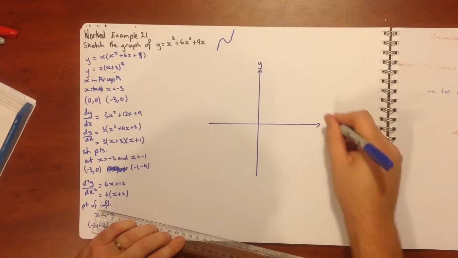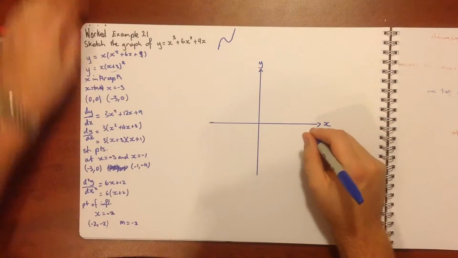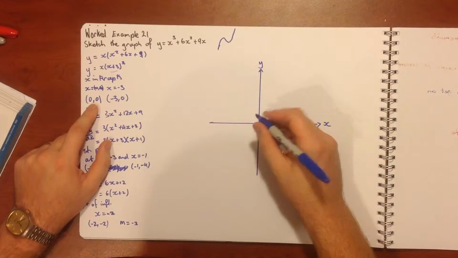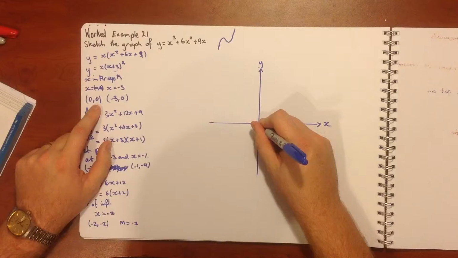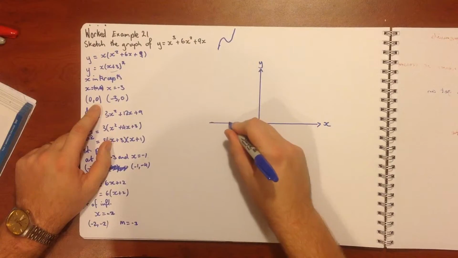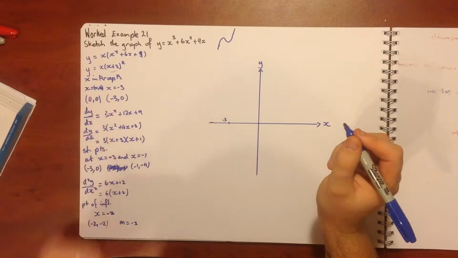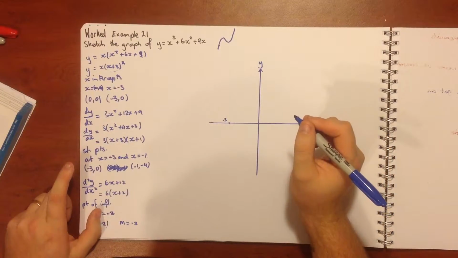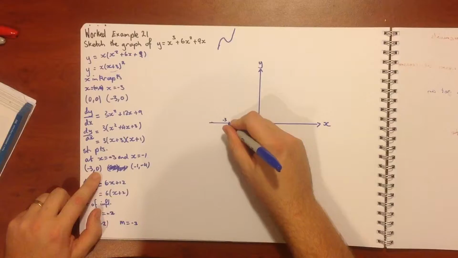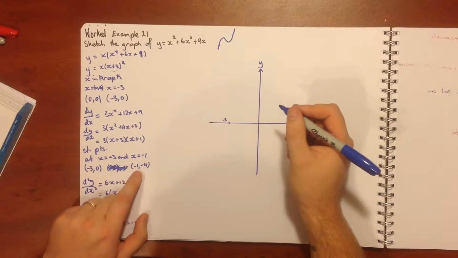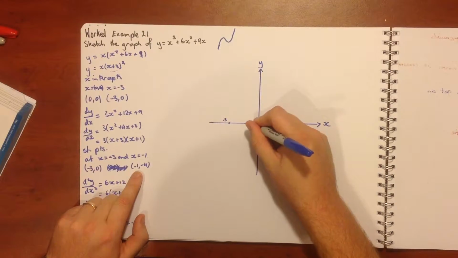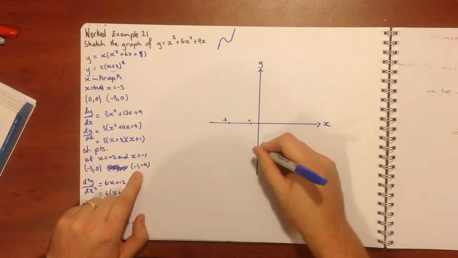Okay, we know we've got y and we've got x. We know that we've got an x-intercept here at -3, so down here at -3. We also know that we have stationary points here, and at (-1, -4).